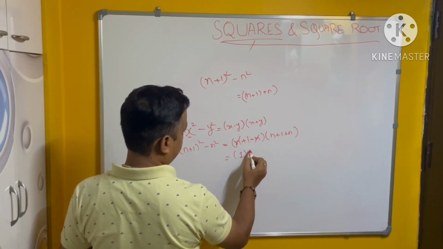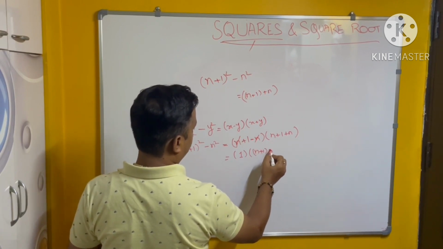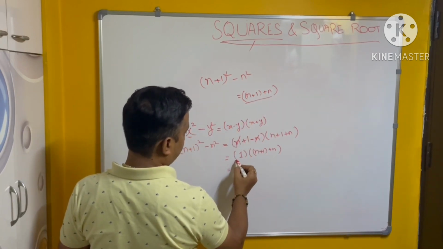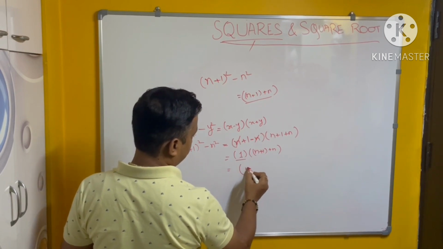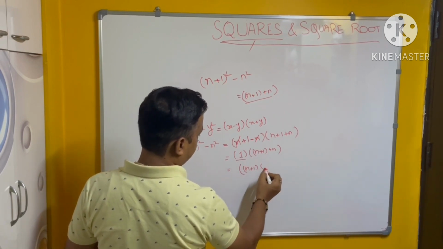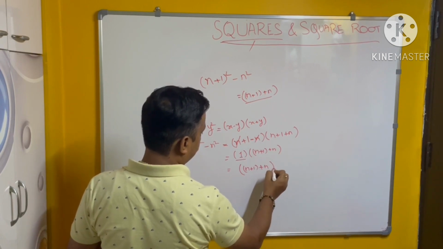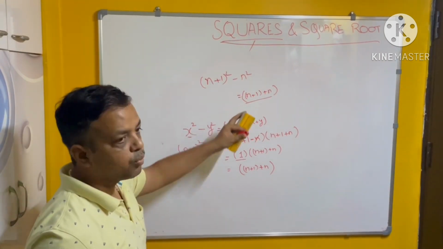And n plus 1 plus n, what we have written over here, multiplied by 1 is the number. Hence this is proved.